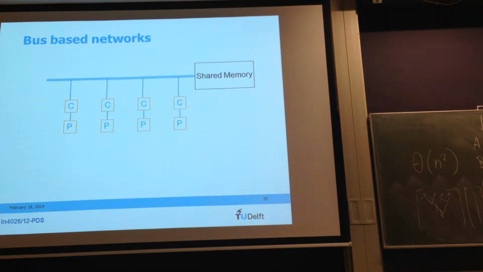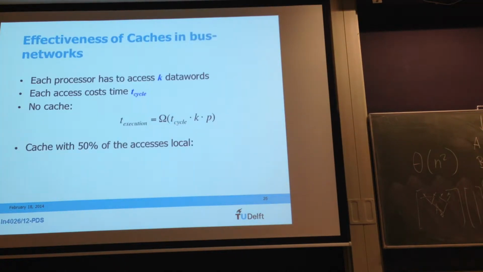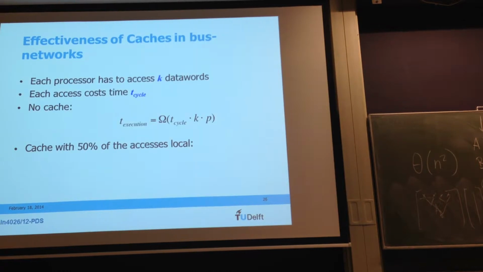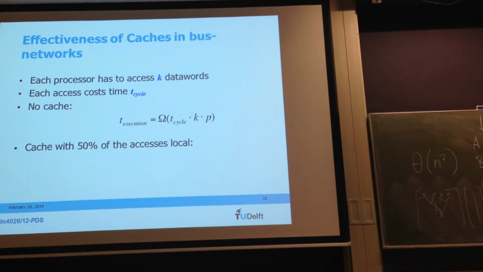Now, what can we say about these kind of networks? Well, a simple analysis reveals a lot. Suppose that each processor has to access k data words, and that each access costs time t cycle. This is kind of normal, realistic in a system.